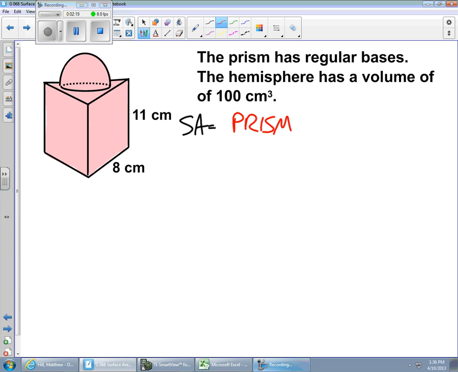We have a prism missing a circle. It's probably the easiest thing that we can come up with. And we have something that is added onto our prism. We're going to add in something extra, and that something extra is a hemisphere.